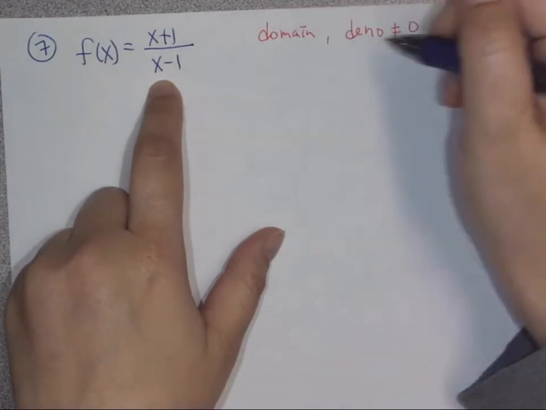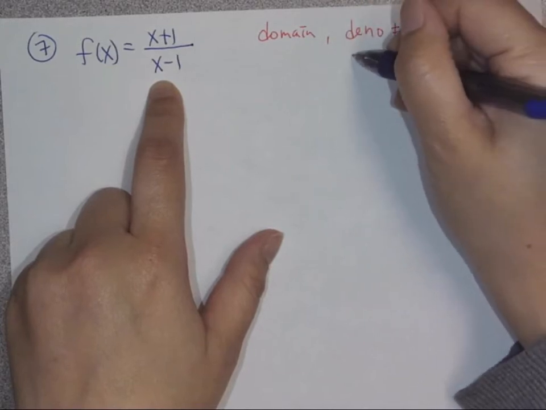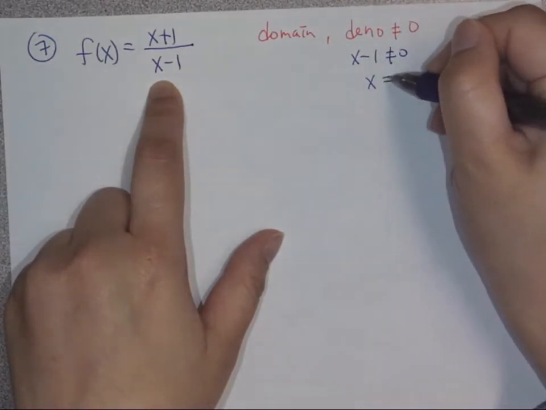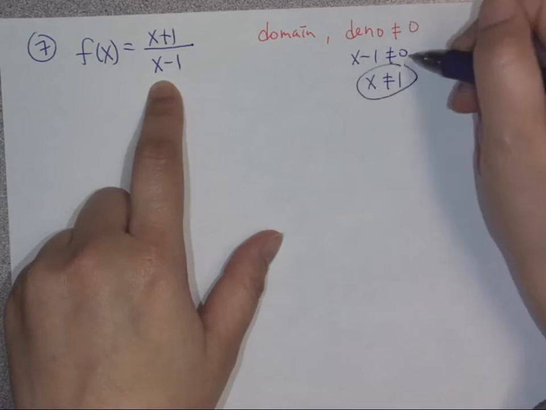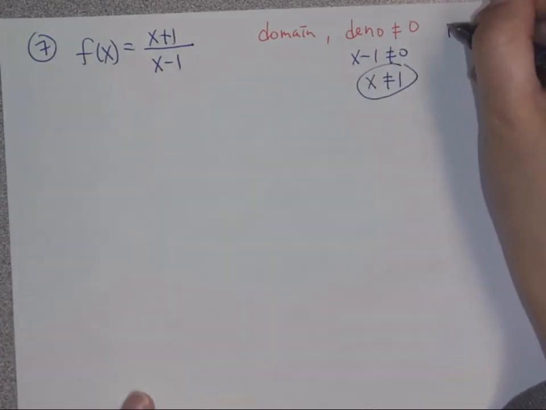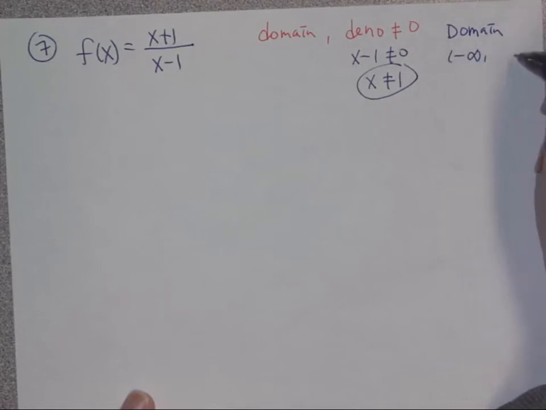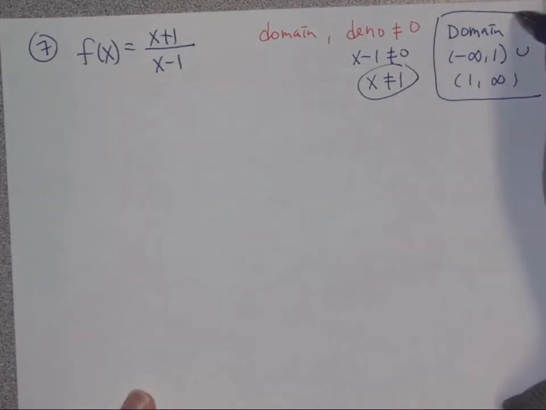So if we set the denominator not equal to 0, that would be x minus 1 cannot equal 0, so x cannot equal 1. So my domain should be starting from negative infinity to 1, skip 1, pick up 1 to infinity. Or you can say all real numbers except 1, right?